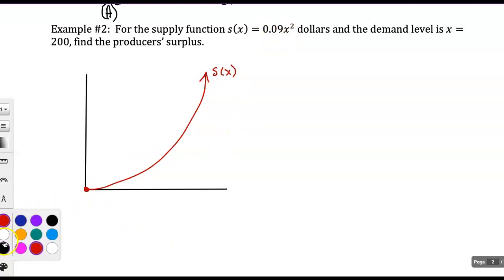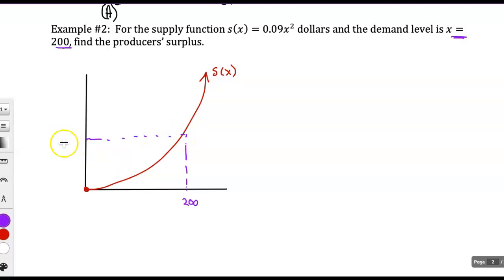And then there is, let's see, demand level is X equals 200. So I'm going to randomly throw X equals 200 on here. And again, I have no idea where it is. When I plug in 200, I've got to get some kind of output for the market price. Remember, price and quantity. So what I do is I plug 200 into the supply function.